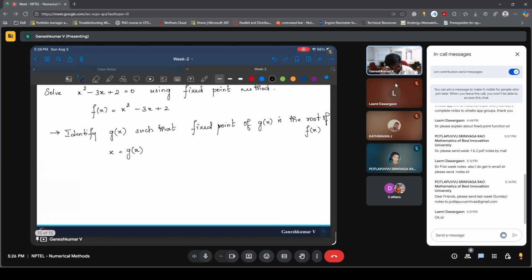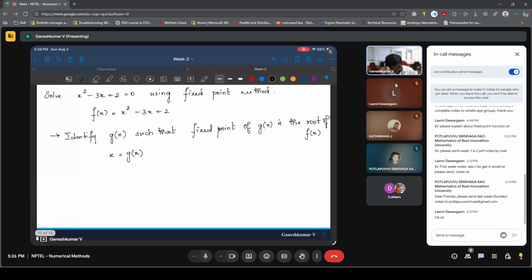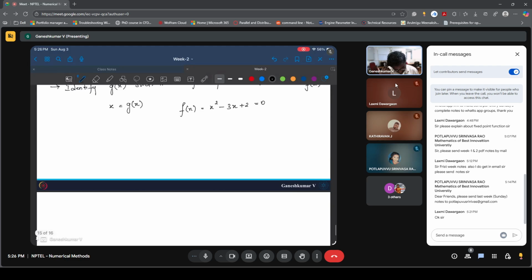So now in the fixed point iterative method, we first need to find out what this g of x is. So we will take this function f of x, which is x square minus 3x plus 2 equal to 0. We just write it in terms of x. Okay, so how will you write it? 3x is equal to x square plus 2, so x is equal to x square plus 2 by 3.